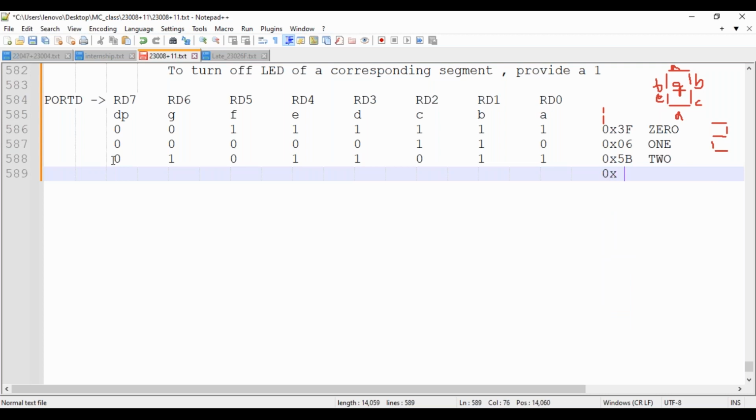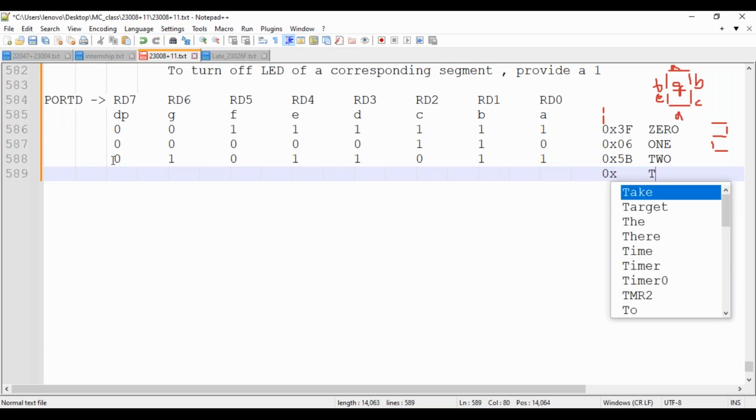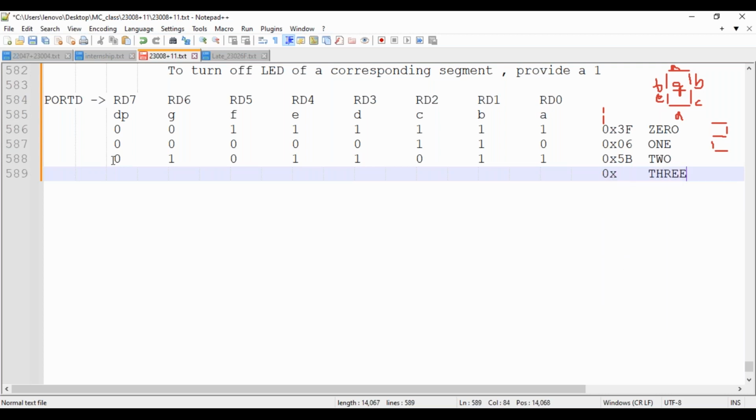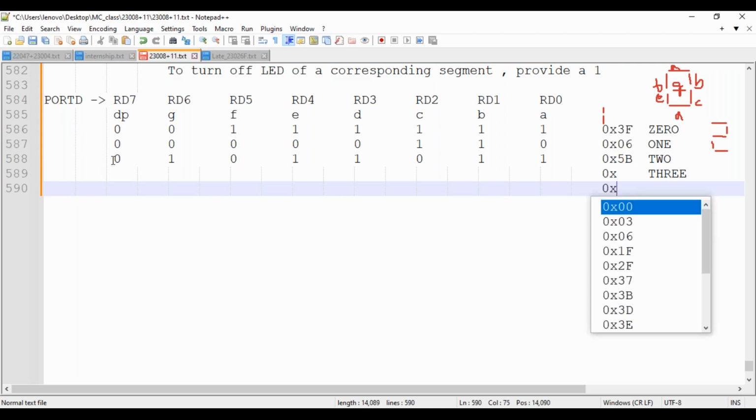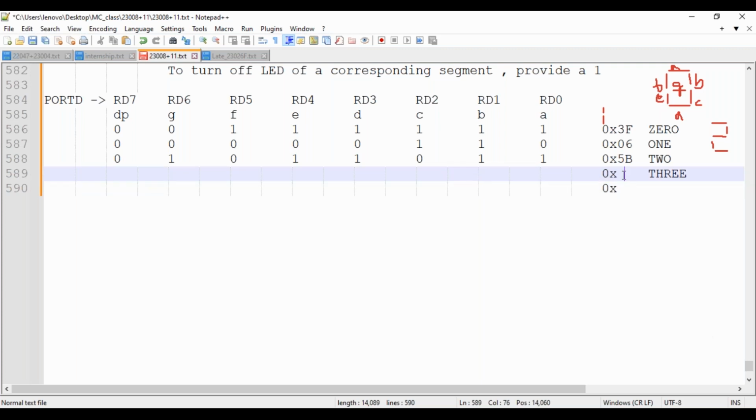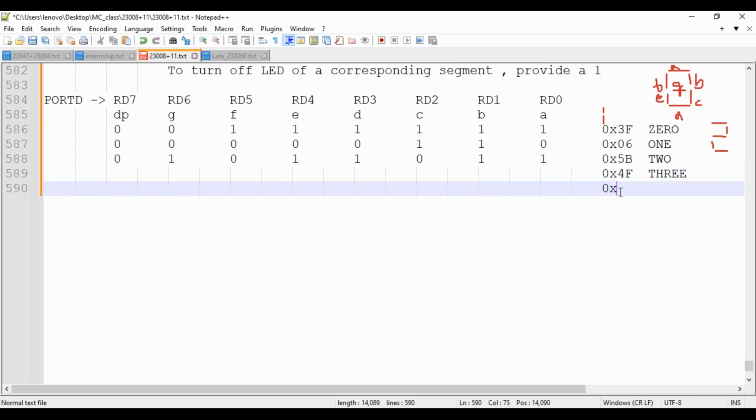So 0x what for 3. So 0x for 3 it is 4f. Okay. So let me write it as 4f for 3. Next for 5. What is it for 5?